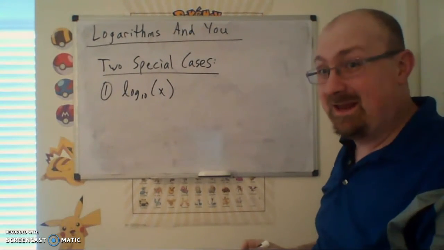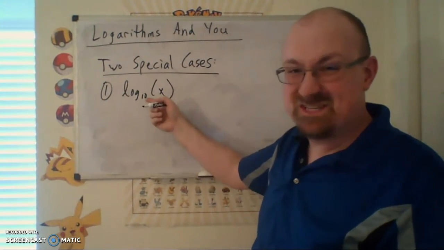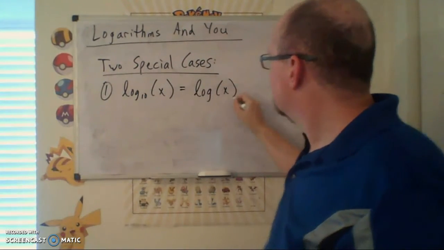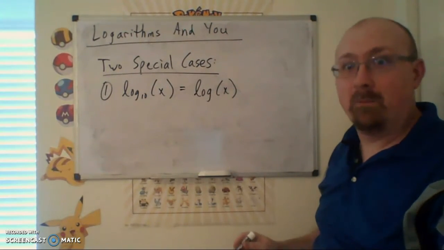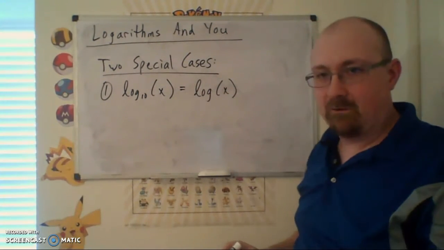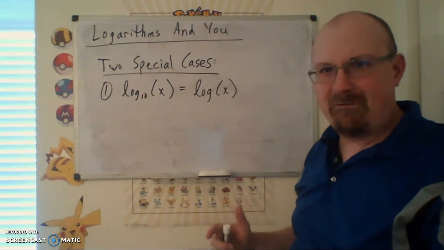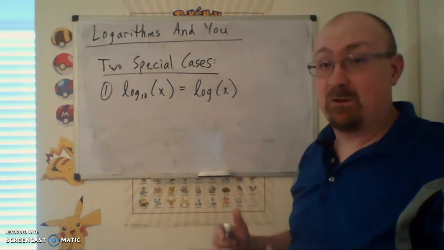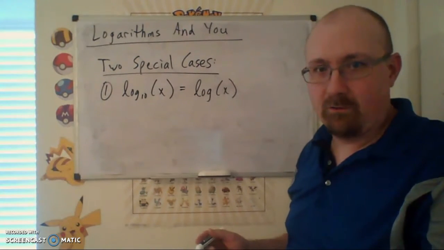It comes up frequently enough that we dispense with writing the subscripted base. We just call that log of x, or the common log. If you look at your graphing calculator, it has a button labeled LOG, specifically for calculating base 10 logarithms of numbers.